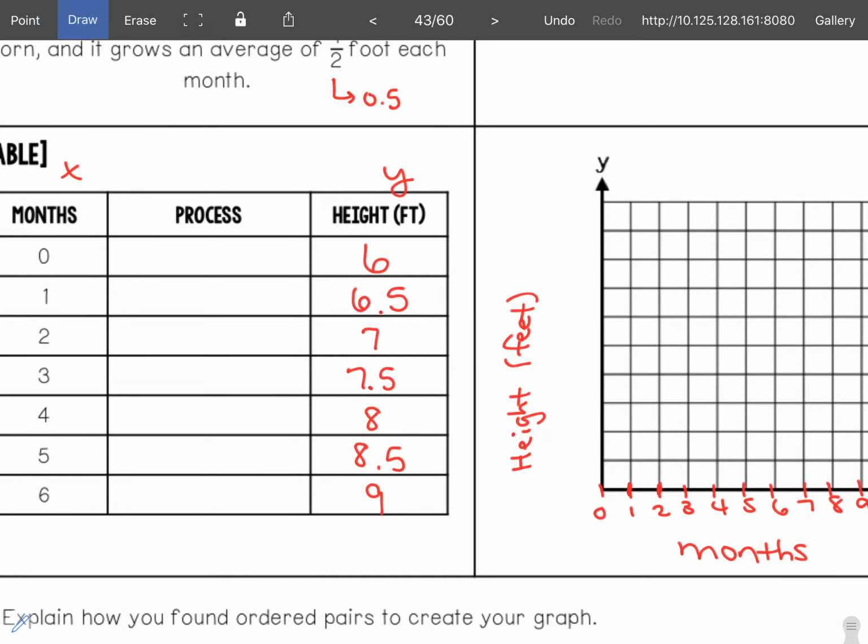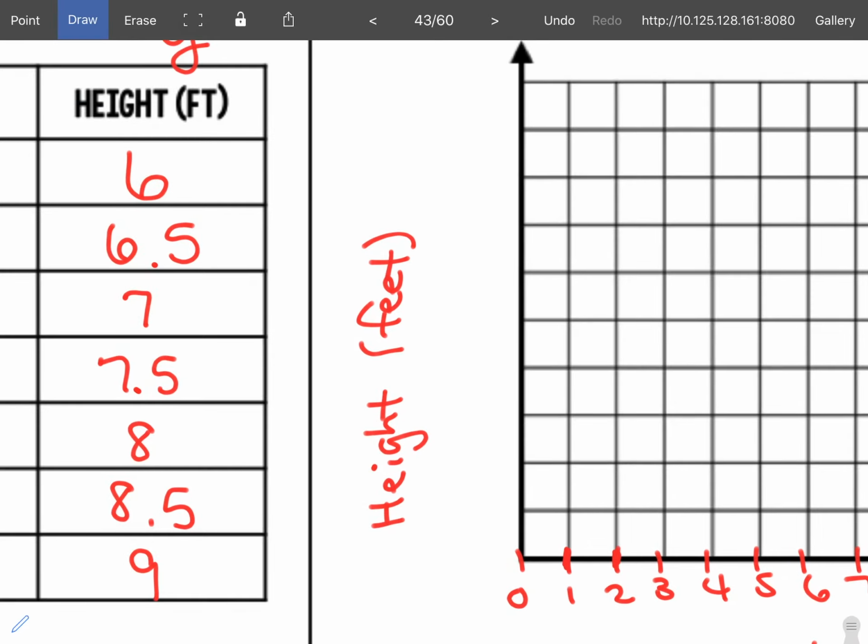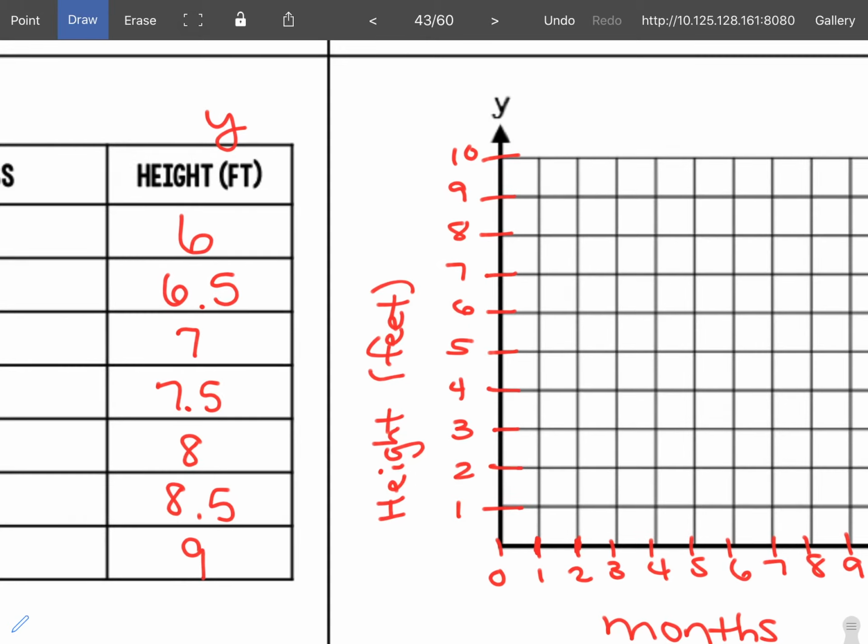We're going to label those on the lines: 1, 2, 3, 4, 5, 6, 7, 8, 9, and 10. To help you out, you can put little halfway marks in the middle to represent the 0.5 spot. It'd be too much to write all of it, but you could if you wanted to.